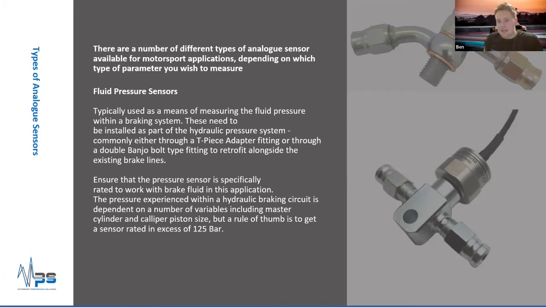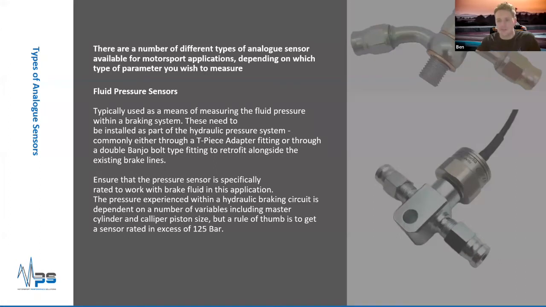If you're a home mechanic and not particularly confident, the idea of cutting into your braking circuit just to put in a sensor would probably be quite daunting, but there are nice ways of doing that which are very reliable, very safe, and proven and used day in, day out.